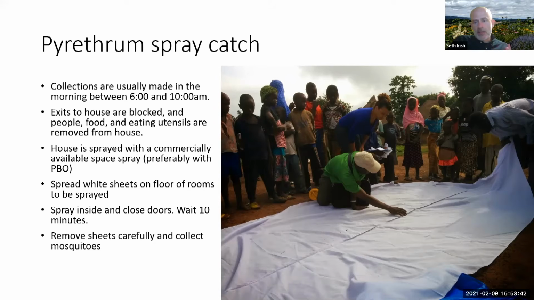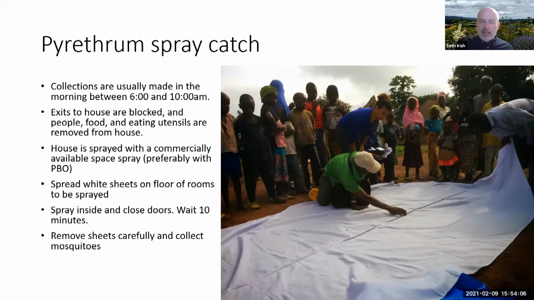You can see here in this picture, they've gone into the house, put the sheets down, sprayed inside the house, waited for 10 minutes or so, and then gone inside and carefully collected the sheets, being careful that any mosquitoes on the sheets will not fall off when they're brought outside, but will stay on the sheets.